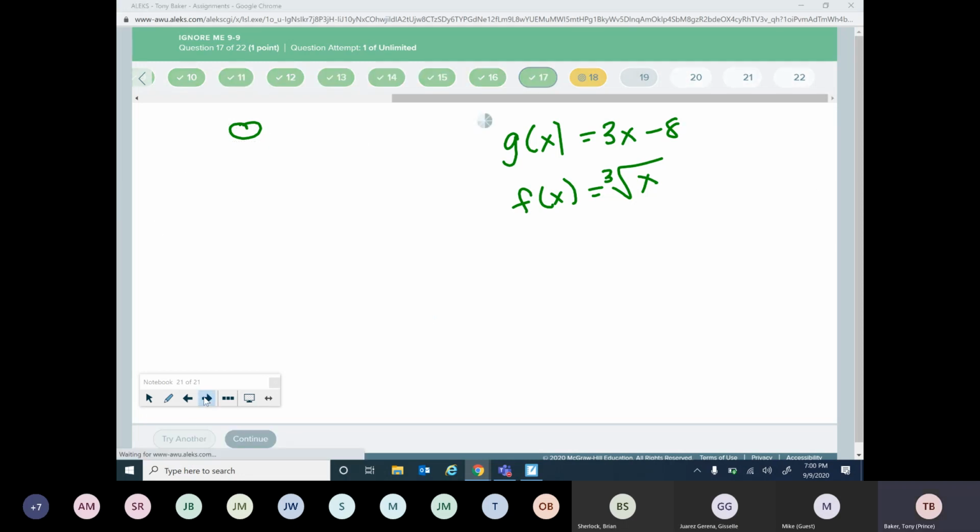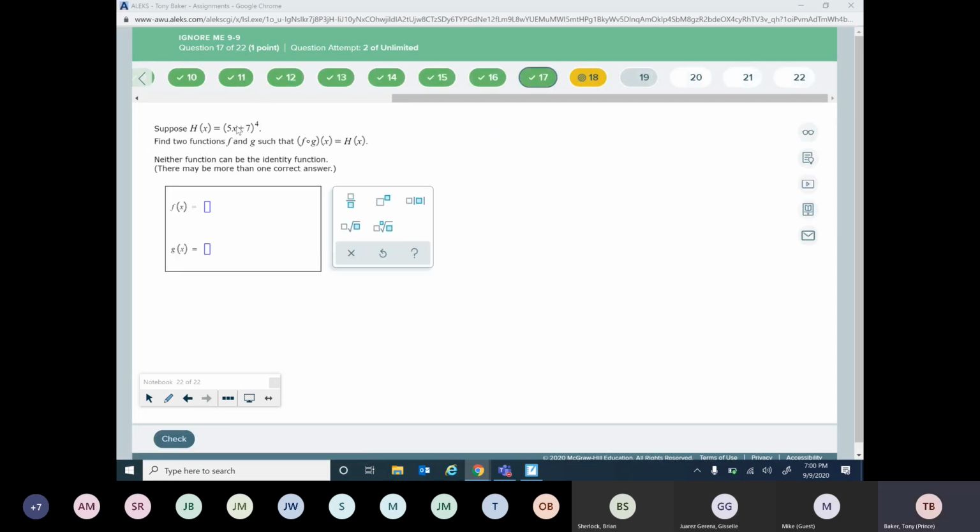And it doesn't matter what it is. So like this one's raised to the exponent of 4. So my g is going to be the stuff inside the parentheses. So it'll be g of x equals 5x plus 7. And my f of x will be x to the 4th power.